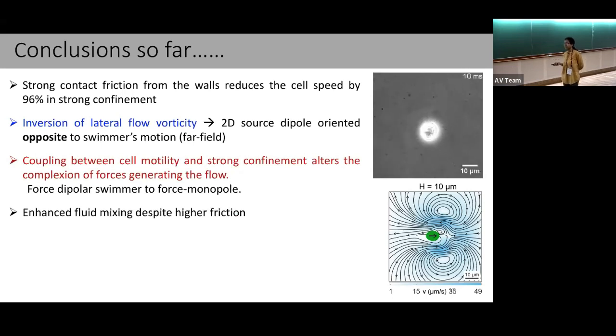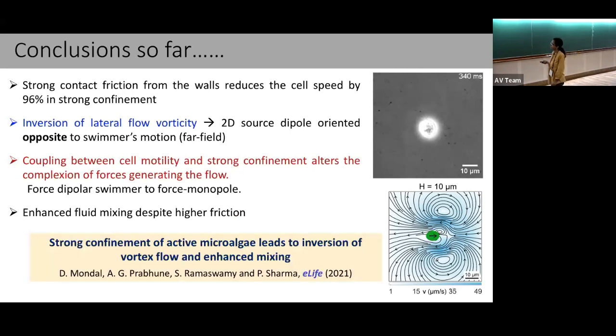And the overall picture is that all of this leads to enhanced fluid mixing despite higher friction experienced by the organism. So this concludes this part of the story. And now I will quickly show some data on phototaxis, and then we'll conclude.